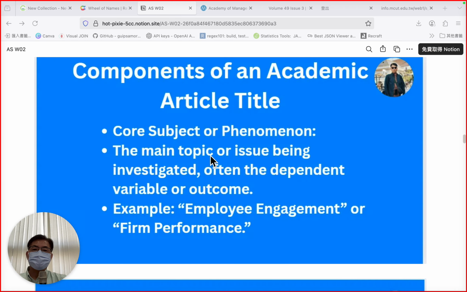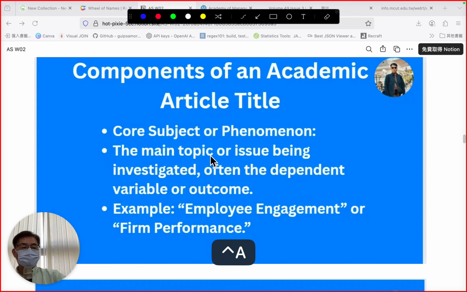The components of an academic article title. Sometimes we just focus on a phenomenon. It could be any kind of phenomenon in the social world. COVID-19 is a big phenomenon. Consumer behavior is a smaller one, right?